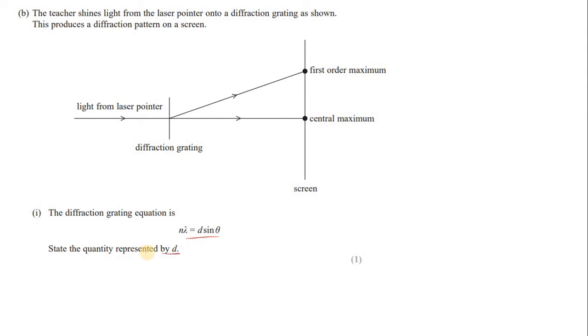So d is called the grating element, the distance between two consecutive or successive slits. Meaning in a diffraction grating we have a number of lines, hundreds of them, and d is the distance between two consecutive slits.